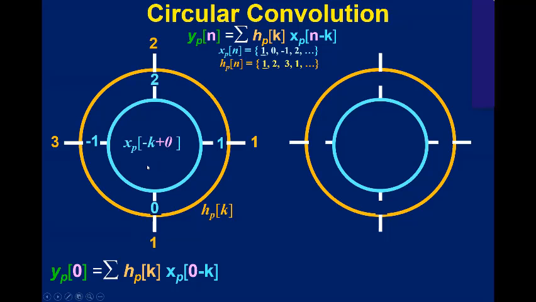I won't put any shift in it. I'll just leave it like this. And now I do the convolution by multiplying and adding each term together. I take 1 times 1, add it to 2 times 2, add it to minus 1 times 3, add it to 0 times 1. Multiply those together, add them up, and get a value of 2, which is the result of this circular convolution for n equals 0.